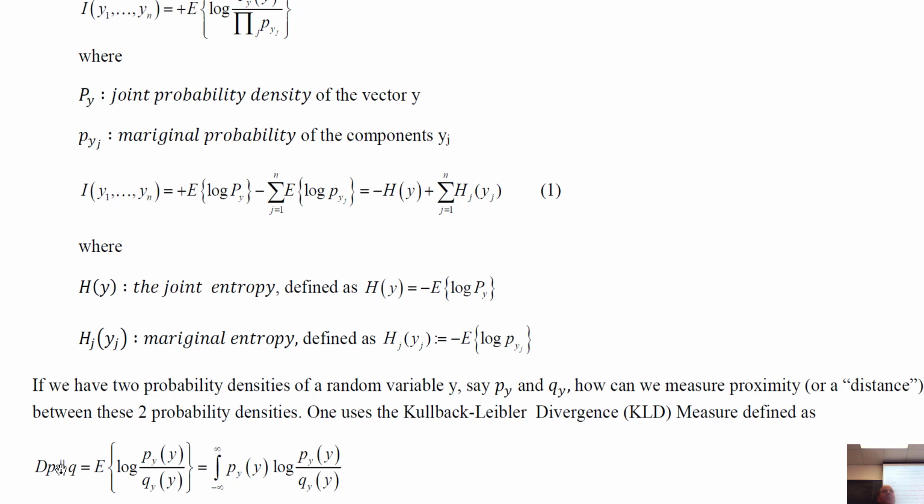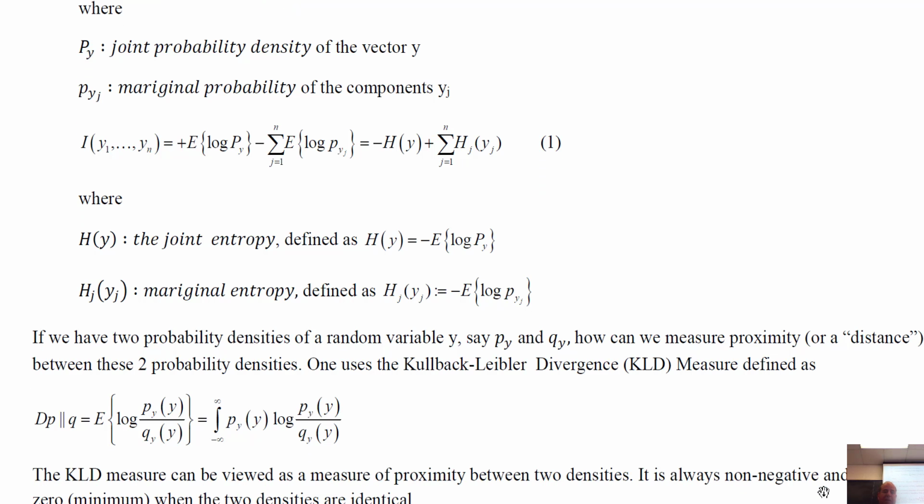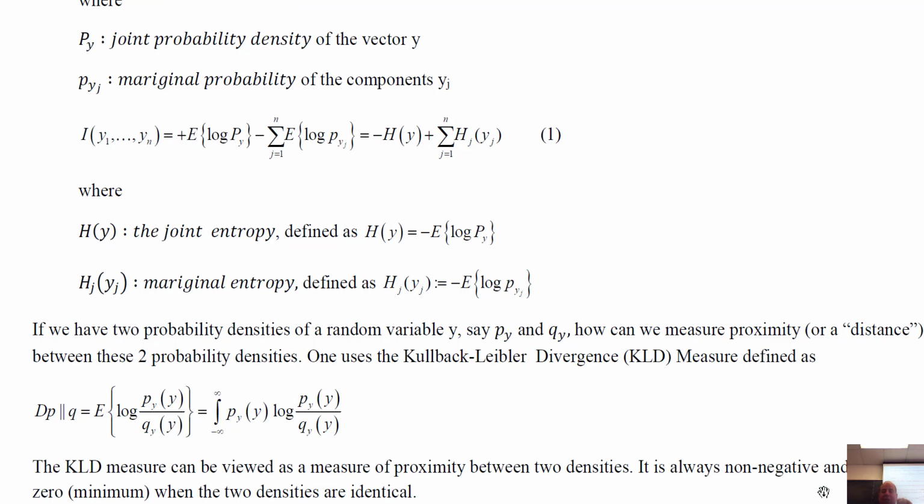And one of the properties of distances is that if you measure a distance between two things, it doesn't matter which one you start with, you get the same distance. So that's why we make a big fuss about this being a measure, and when you flip it, it's not going to be the same quantity. Okay? So it's always non-negative. It equals 0 when at almost all points this function equals this function. Okay?